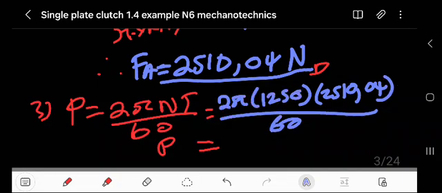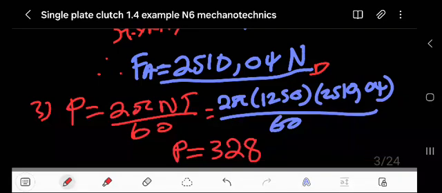Then what will be the power there if you punch these in? Let me check. 2 pi multiplied by 1,250 multiplied by 251.04 divided by 60. This power here would be equal to 3,563 or so, measured in watts.